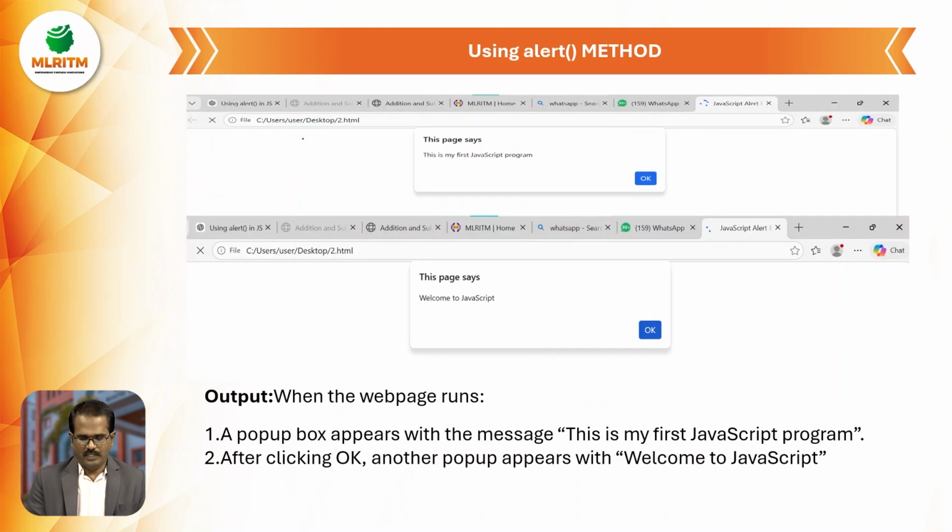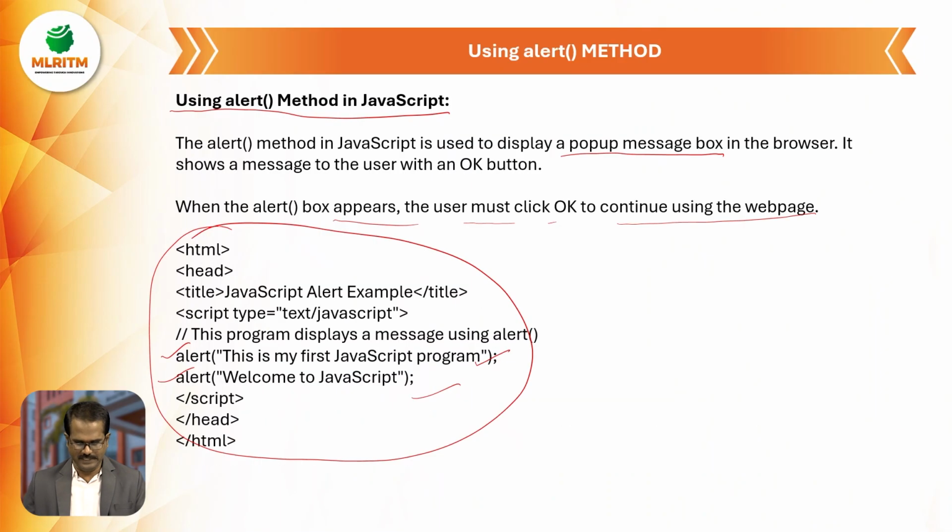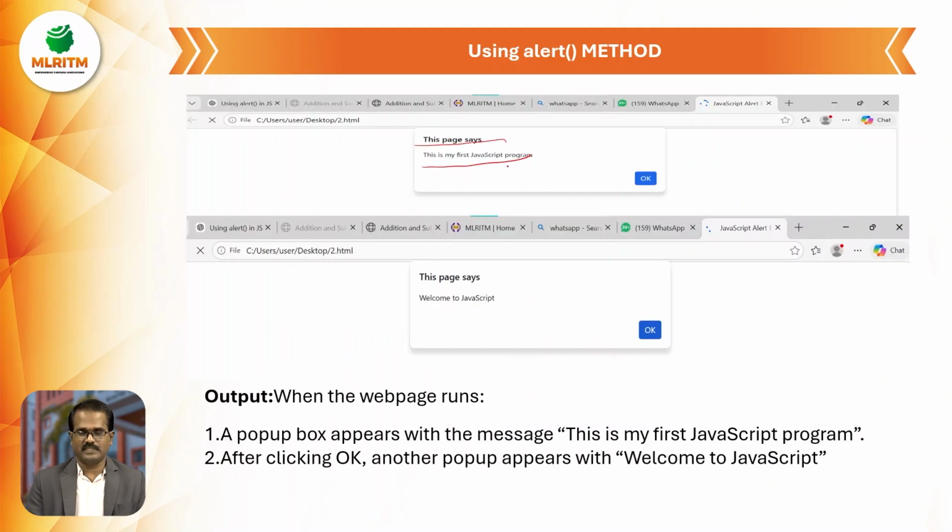See, this page says this is my first JavaScript program. It is a pop-up. After executing, this is the statement executed first, and it shows this message. Whenever you click on this OK, only then will it go to the next page, like welcome to JavaScript.